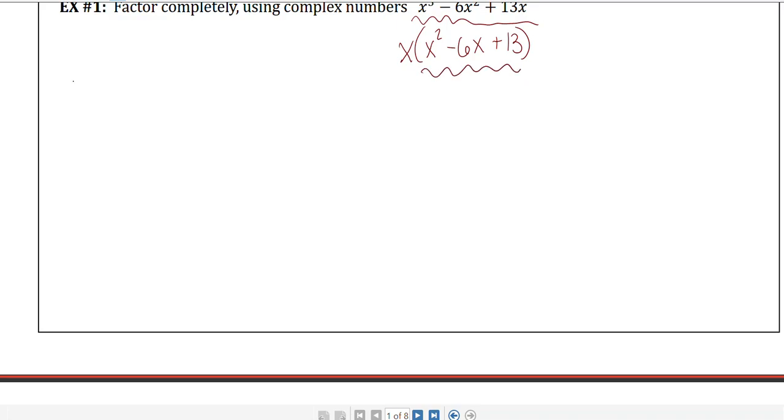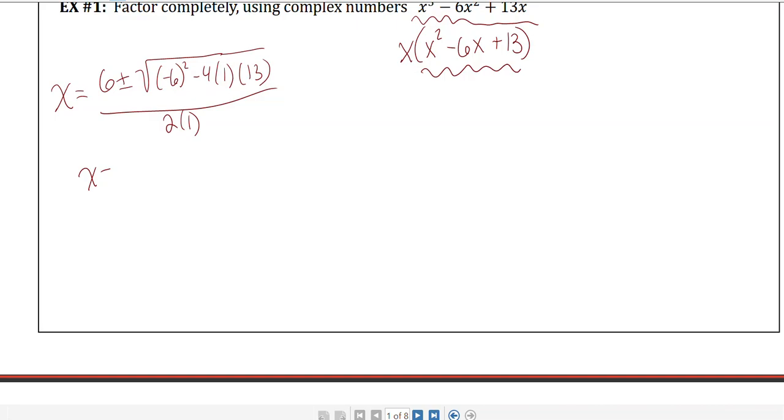Well, that would be the quadratic formula. So I can use the quadratic formula to help me find out what the zeros are. Opposite of b, plus or minus the square root of b squared minus 4ac, over 2a.